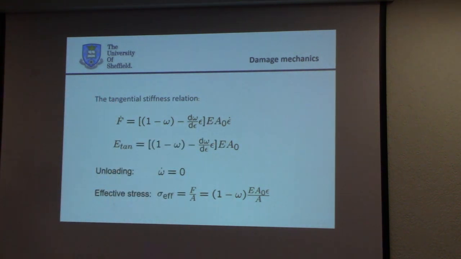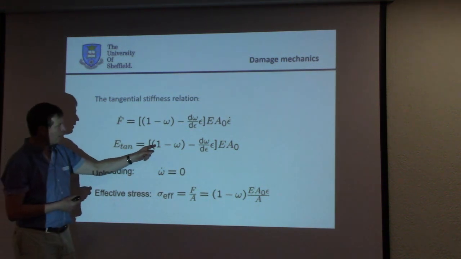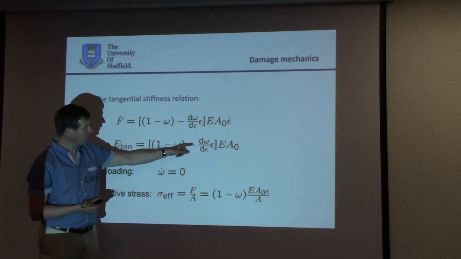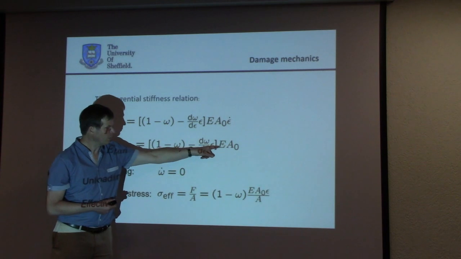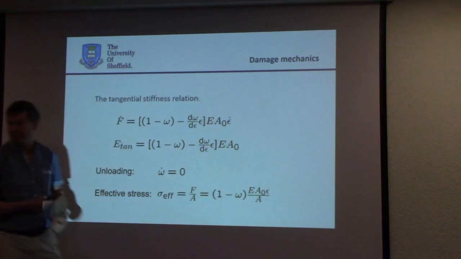So our stiffness of the system is 1 minus omega minus the derivative of omega with respect to epsilon times epsilon, times E times A0.